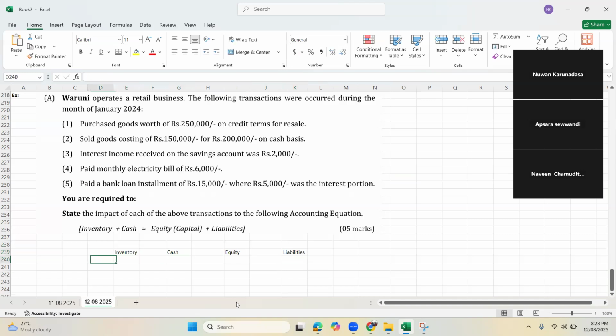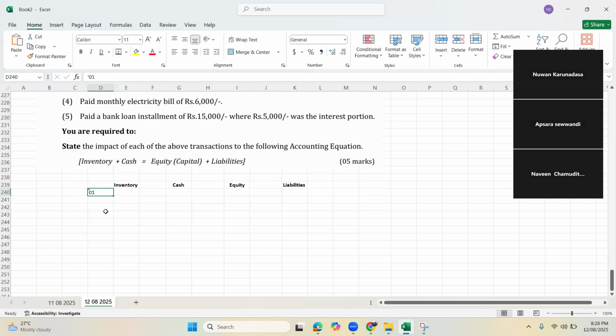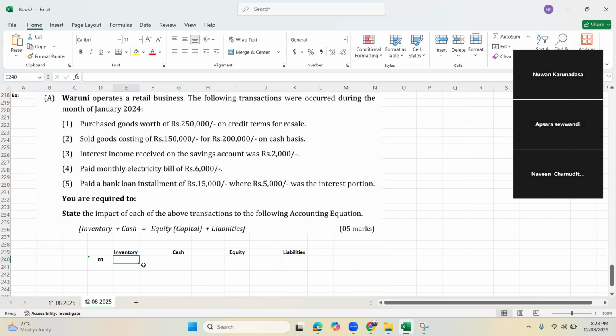I want both of you to think about the first transaction. Just 5. They have given just 5. Right. Think. Purchase goods worth 250 on credit terms for resale. What's increasing? What's decreasing? What's coming in? What's going out? Think.